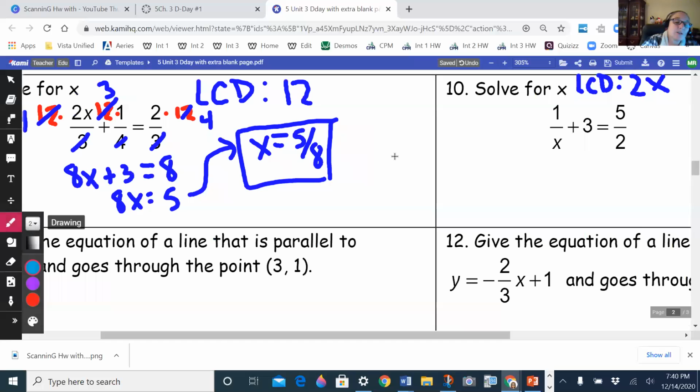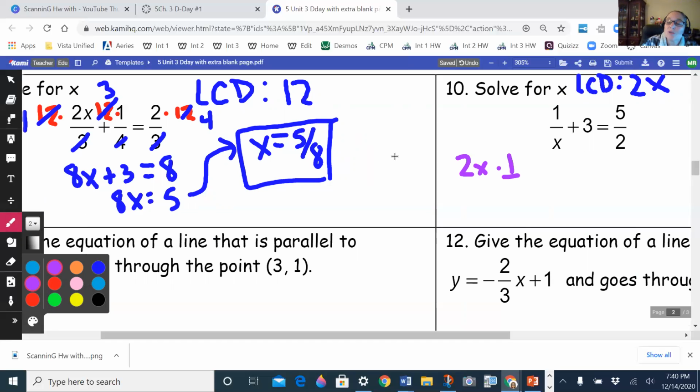Okay, so I'm going to be multiplying everything by 2x. 2x times 1 over x, 2x times 3, and 2x times 5 over 2. So this x and this x cancel out, and I end up with 2.